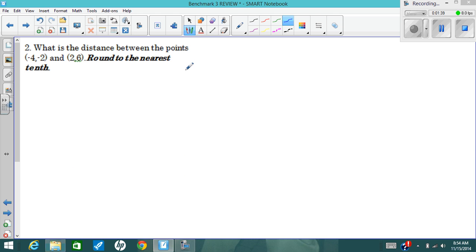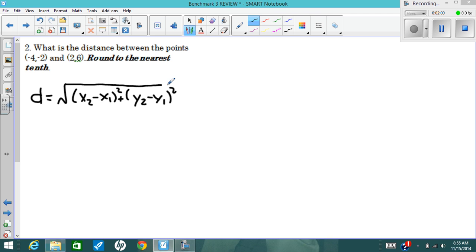Here we want to find the distance between these 2 points. So we'll start by writing the distance formula. And remember, you can use Pythagorean theorem if you want to, but I'm going to do it using the distance formula because that's what we started with this year.